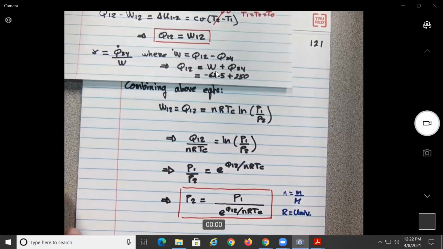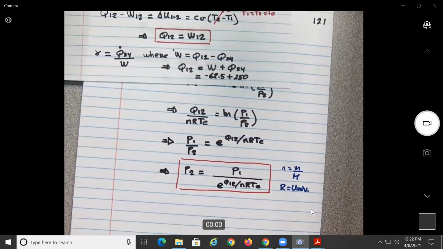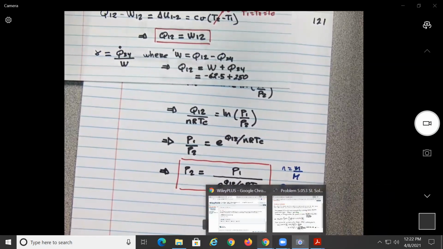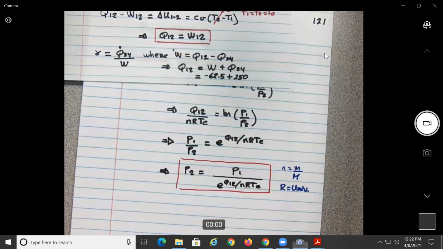Basically, they solve for this and then take the exponential, but you're not going to get 76.1, you should get something different. But this is the procedure.